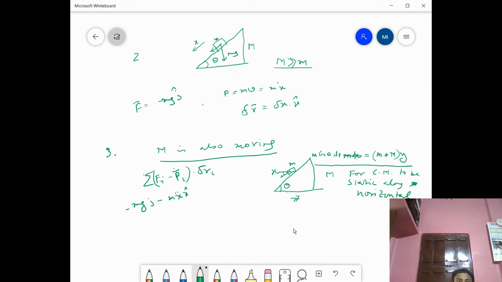Now for the second particle, there is no external force, so it is 0, and minus p_i dot will be equal to M plus m times y double dot, right?